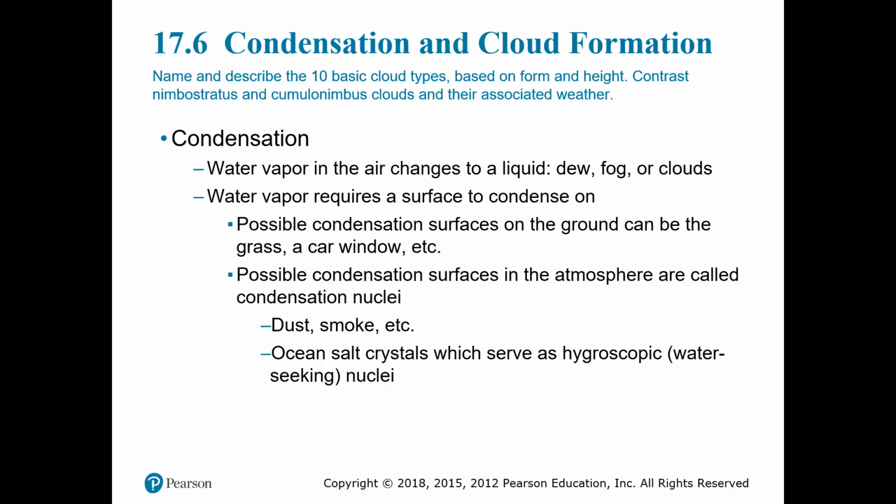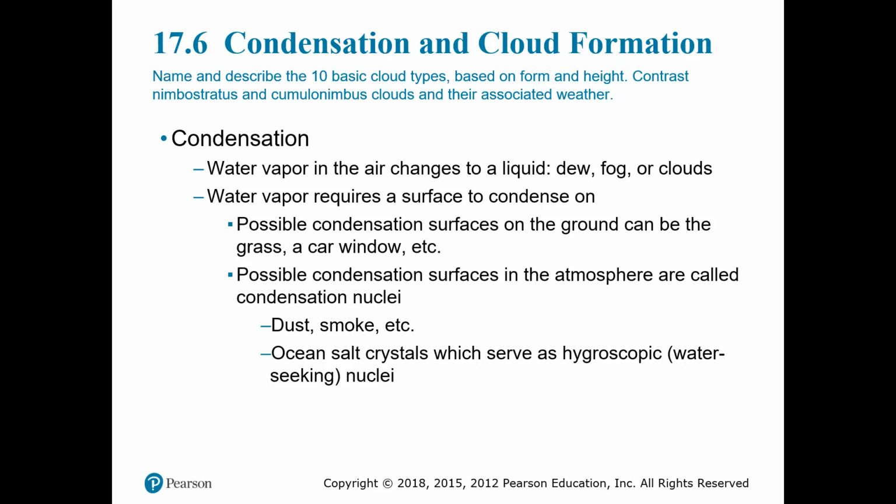These are called condensation nuclei. And condensation nuclei can be things like dust, smoke, pollen, salt, if we're talking about being close to the ocean. And these are called hygroscopic or water-seeking nuclei because they really absorb water, so they can hold a lot of moisture.